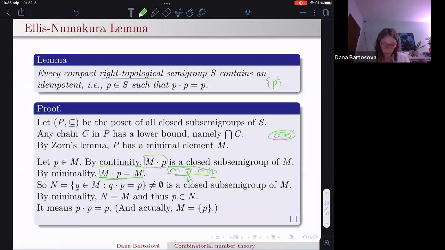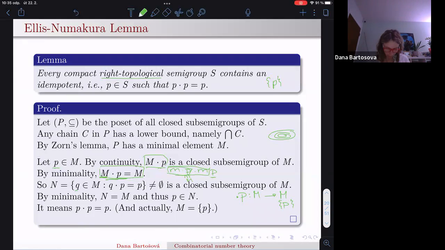Why is it closed? Well, it is the preimage of P under the map multiplication by P. This is a continuous map from M to M, and I'm looking at the preimage under this map of the singleton P. P is closed, and therefore the preimage is closed as well.